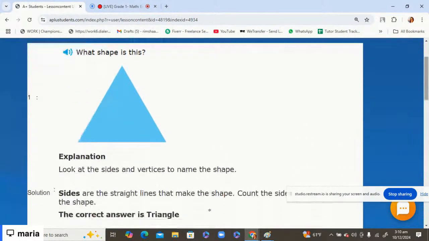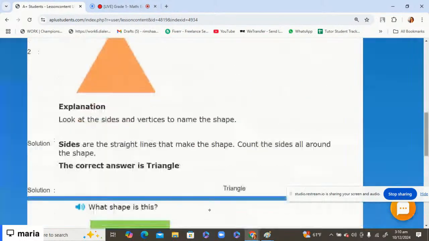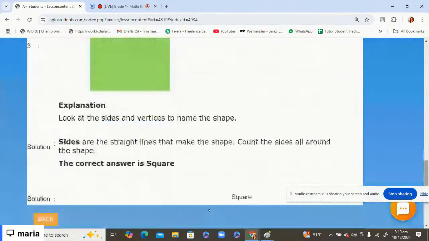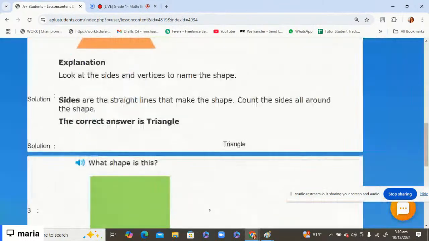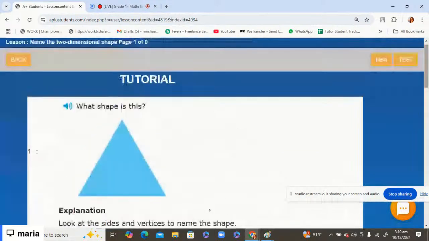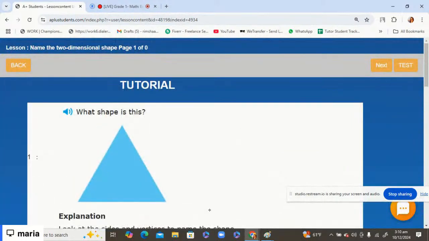Look at the shapes here. I'm going to draw some figures, and then we write their names. Look at this first figure. First of all, you check how many sides there are. This figure has 3 sides.